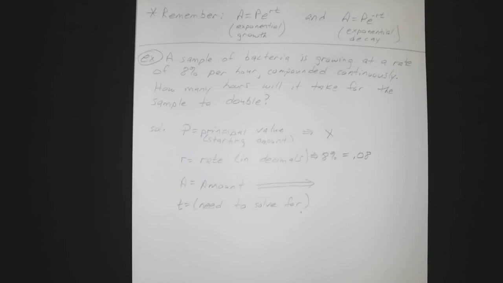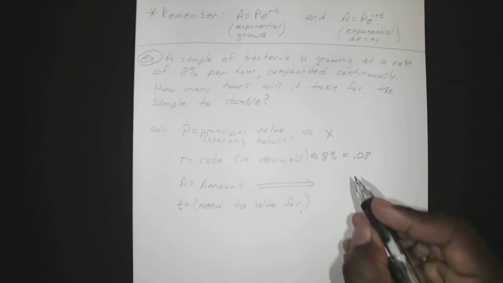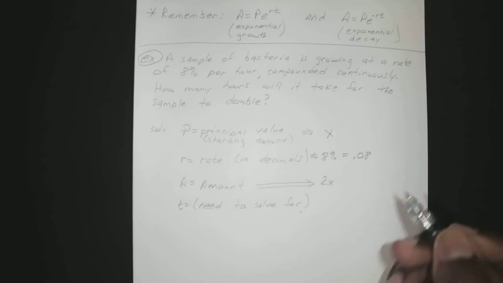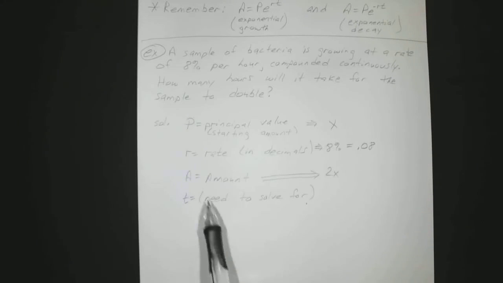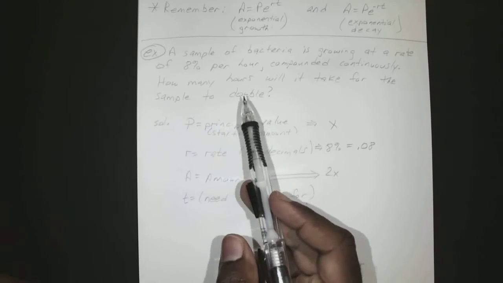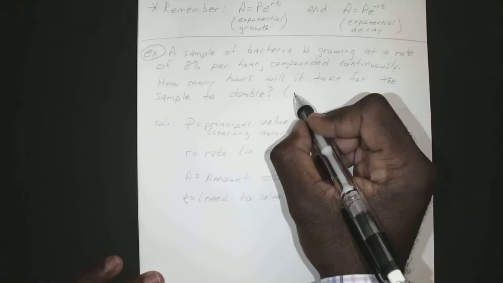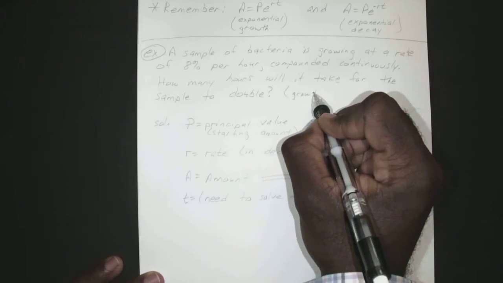So if they wanted it to double and your initial amount is X, then that would be 2X. Okay, so they actually gave us just enough. Okay, so since we know it's going to grow, we're going to use the growth formula.